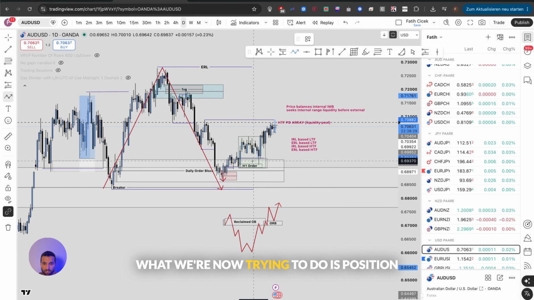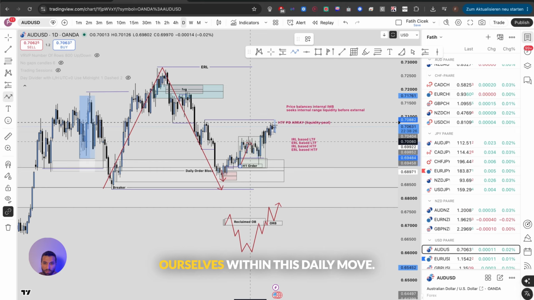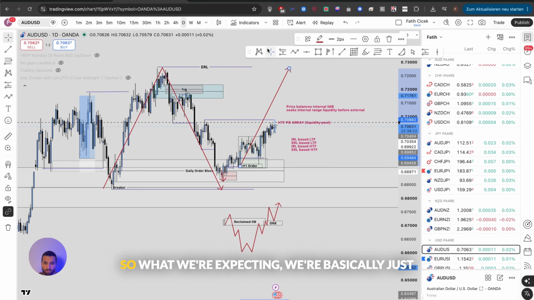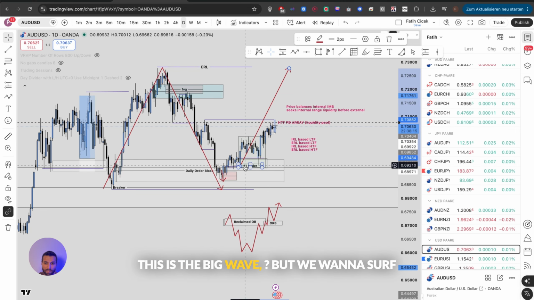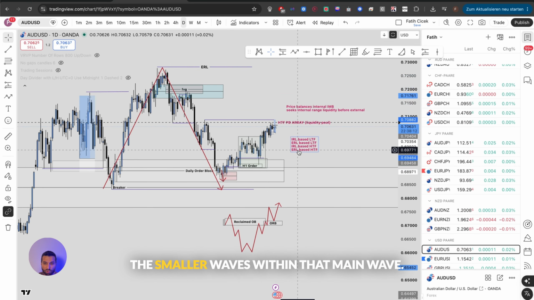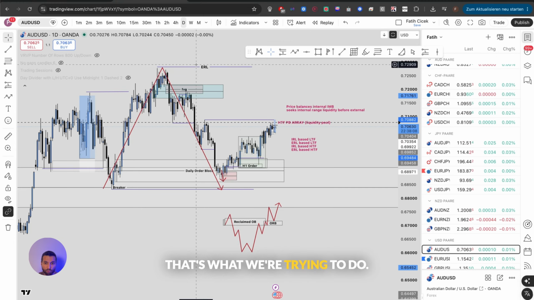What we're now trying to do is position ourselves within this daily move. All right, so this is the whole higher time frame move. This is the big wave, but we want to surf the smaller waves within that main wave. That's what we're trying to do.